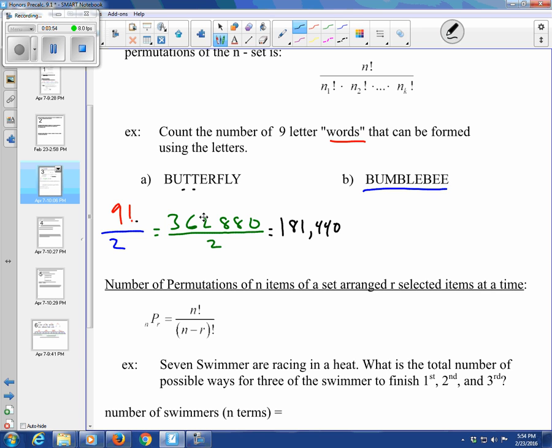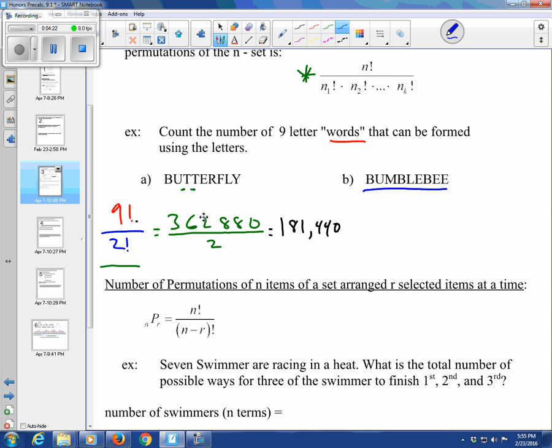All right, so now we want to take our original statement, 9 factorial divided by 2, and compare it to the formula up here. Really what we have is that 2 is the number of ways that we could rearrange our t's, and that's the same as 2 factorial.